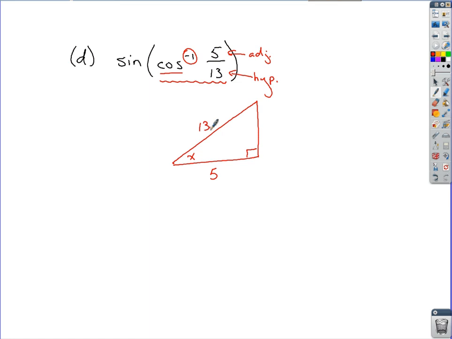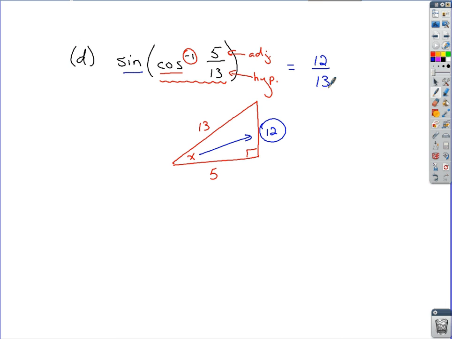If you can determine what this side is over here, obviously that side would be opposite. And with where you're going, trying to find the sine, well, sine is opposite over hypotenuse. If I know this opposite side would be 12, then 12 over hypotenuse 13 would be my answer.